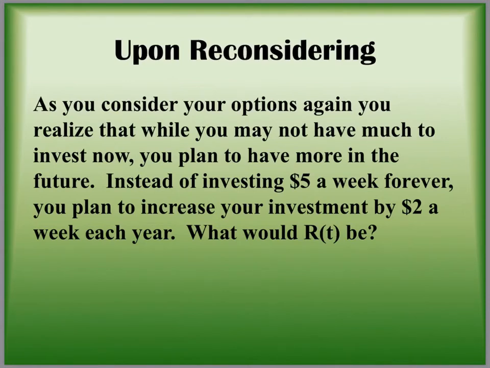As you consider your options, you realize that while you may not have much to invest now, you plan to have more in the future. I hope you have planned to have more in the future. Do you have plans for that? Yeah? I have plans for that too. That would be great. So instead of investing $5 a week forever, you plan to increase your investment by $2 a week each year.